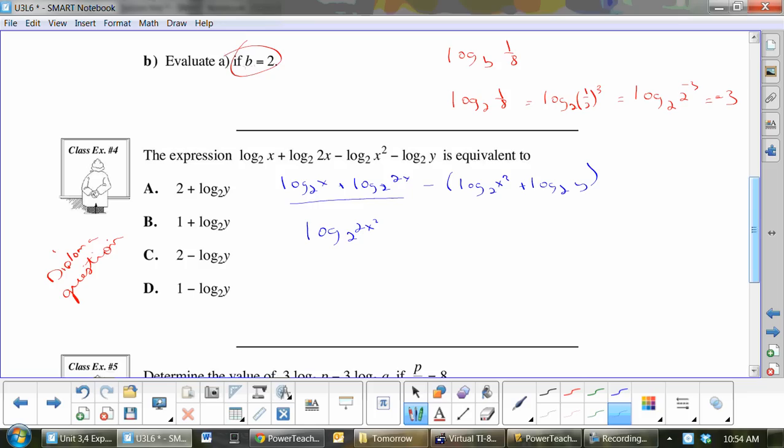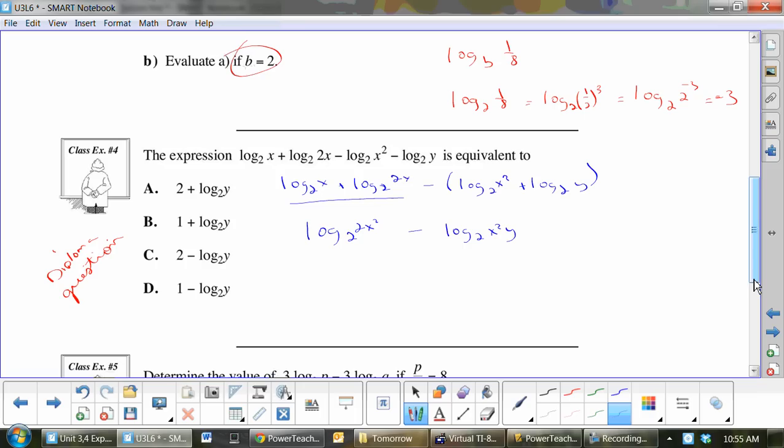Then I'm going to minus, and I'm going to get the entire stuff in the brackets. So that is going to be log 2 of x squared y. Okay?